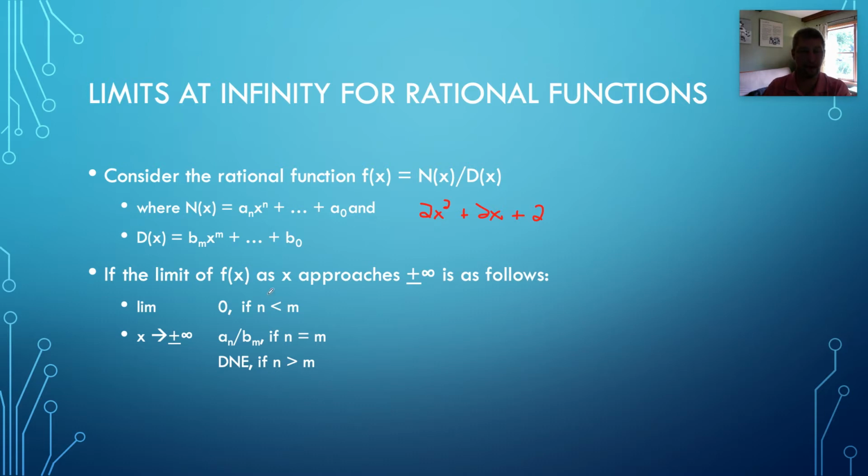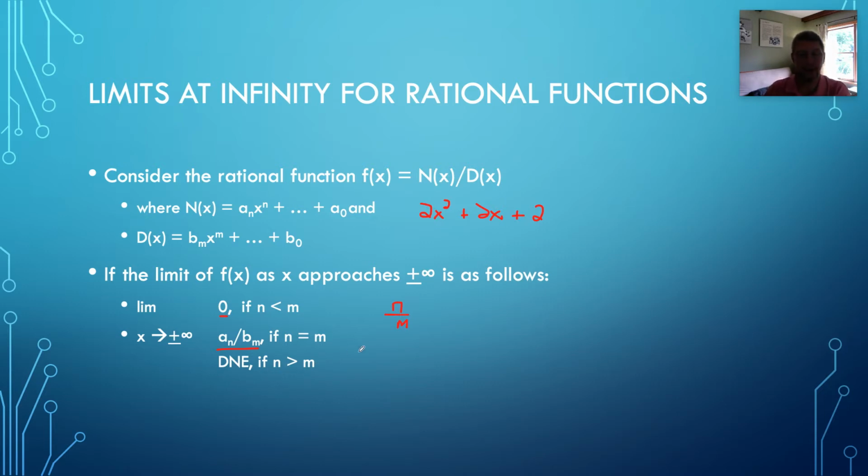If you think about this, if you've got a numerator and denominator of degrees n and m as they're approaching infinity, if n is a small number and m is a bigger number, then we're going to get closer and closer to 0. If n equals m, then they're going to approach whatever this ratio is of the coefficients, 2 over 3 or 3 over 7 or whatever it happens to be.